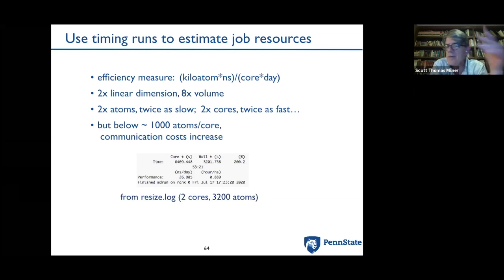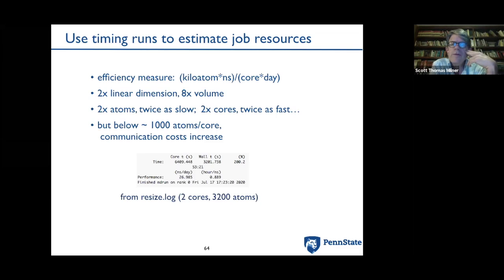If you think about Ritvik's pore simulation, there's the pore and the membrane and a certain amount of water on either side, and you want to be kind of stingy. I need some extra water so that my membrane doesn't see itself through the periodic boundary. I need some extra membrane so my pore doesn't see itself through the periodic boundary, but not much. Let's try to be cheap about that. So those are issues that one thinks about a lot.